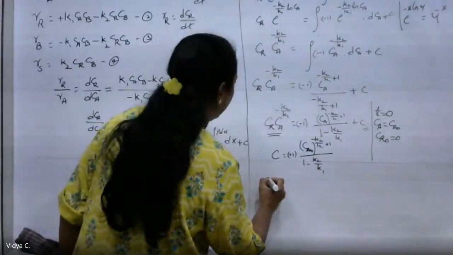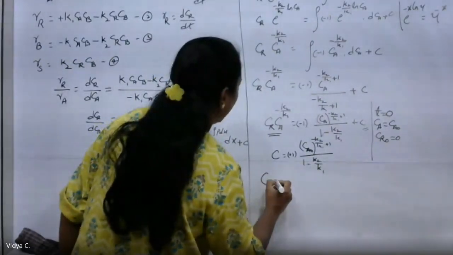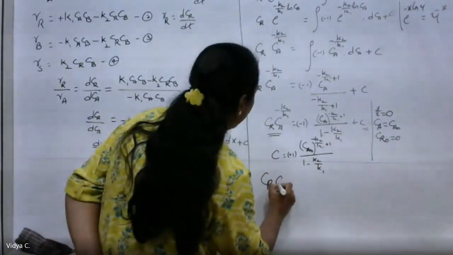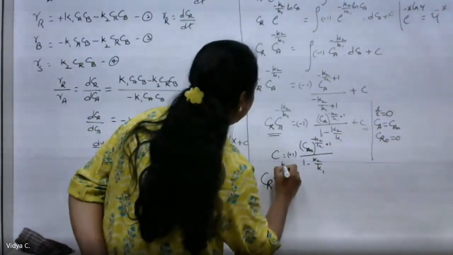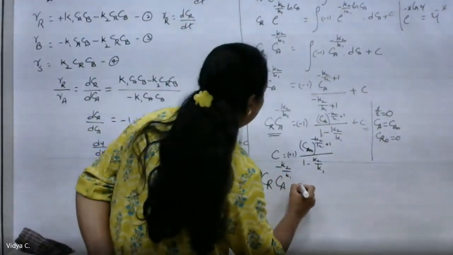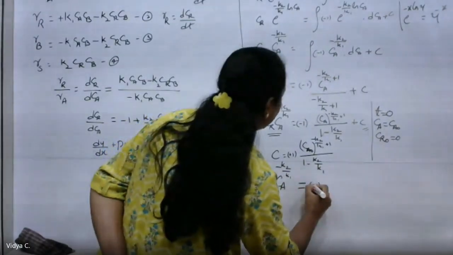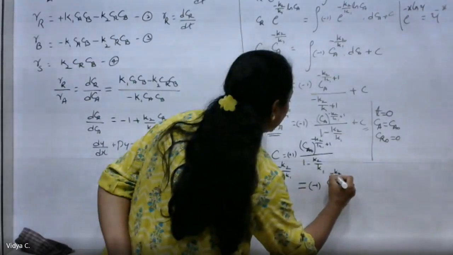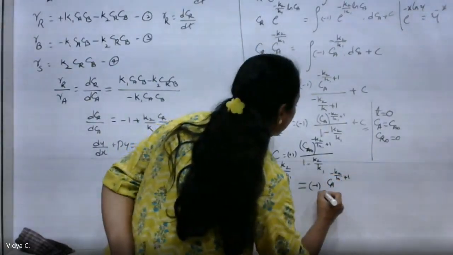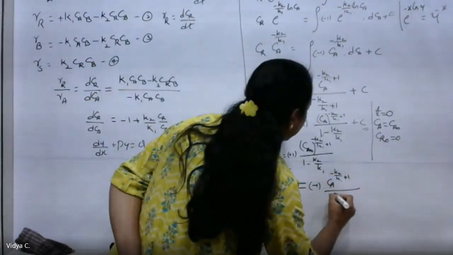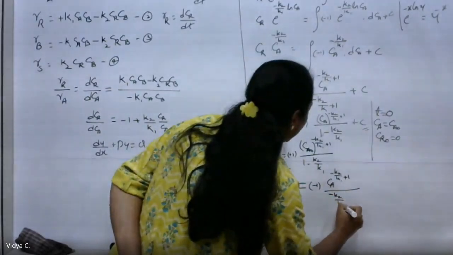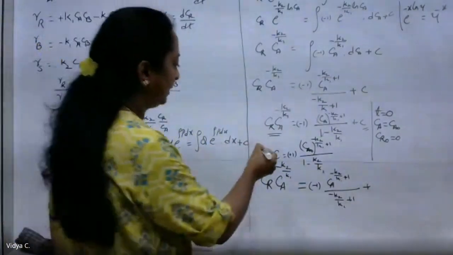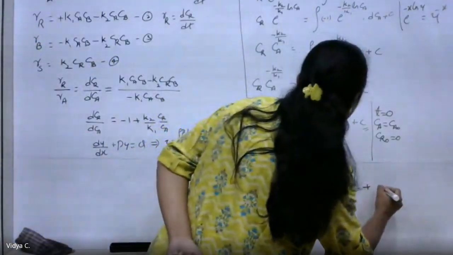Now the equation will be CR CA to the power of minus K2 by K1 is equal to minus 1 into CA to the power of minus K2 by K1 plus 1 by minus K2 by K1 plus 1, plus C. What is C? I have found the value for C here.